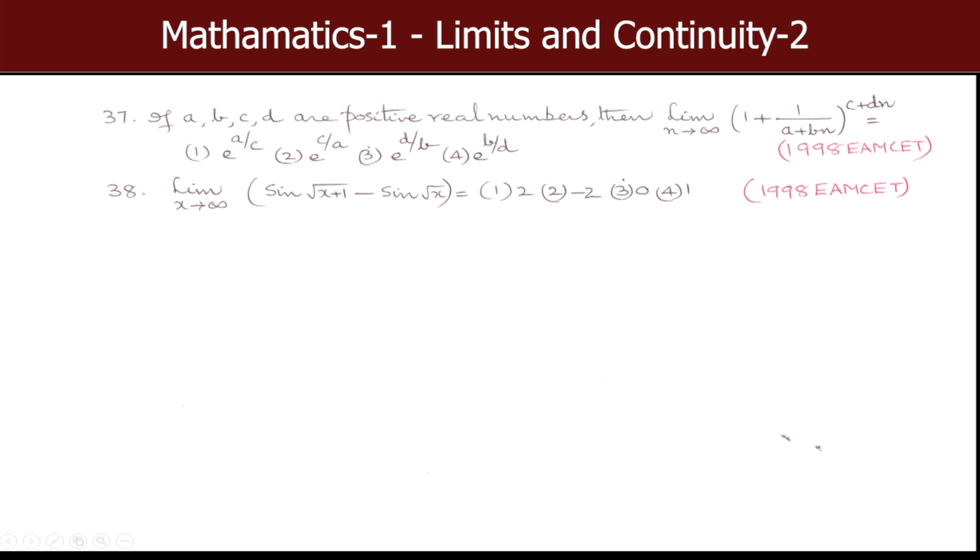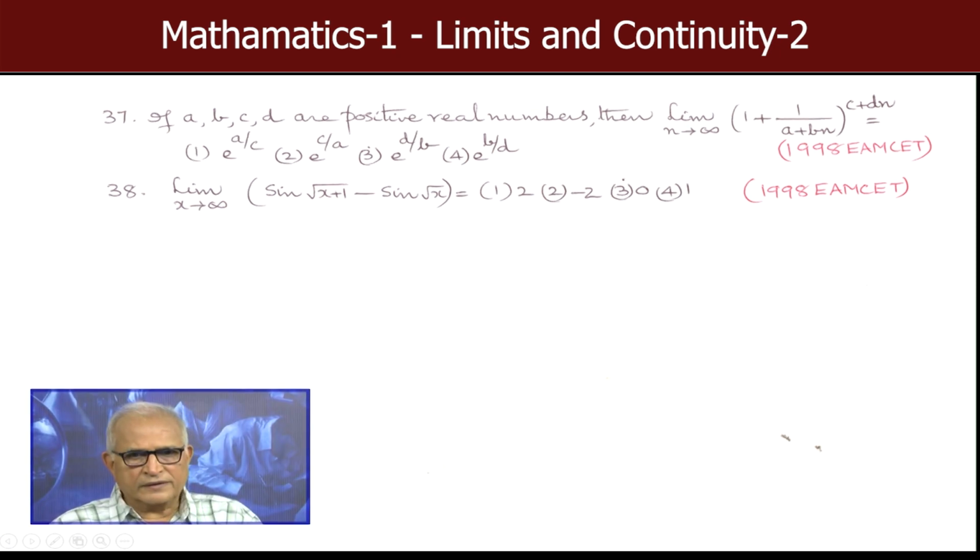Well, this is once again 1 plus 1 by a plus bn tends to 1, because a, b, c, d are positive real numbers, so a plus bn tends to plus infinity as n tends to plus infinity. So, 1 by a plus bn tends to 0 and c plus dn tends to plus infinity. So, base tends to 1 and exponent tends to plus infinity.